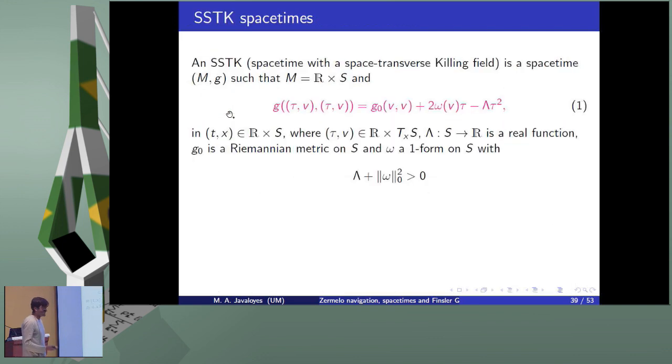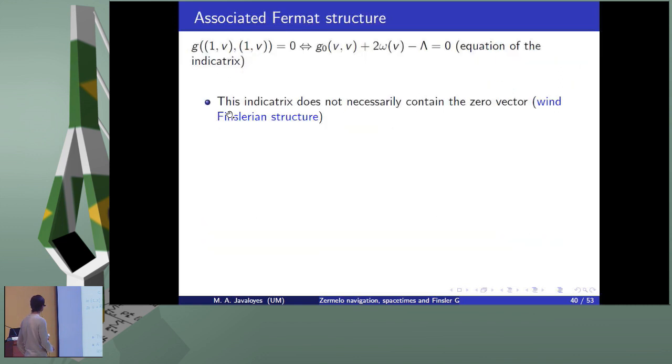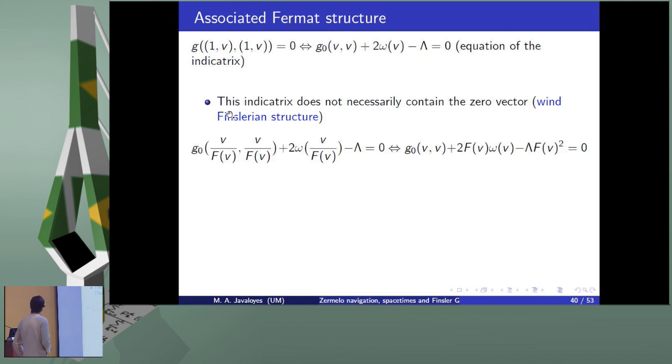So what kind of space-time do we have to consider? SSTK space-time. This is very similar to the stationary space-time, but in this case, this lambda can be positive, negative, or 0. This allows us to consider the strong wind case.